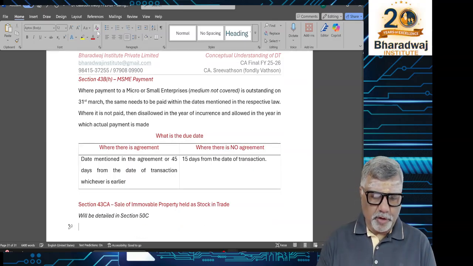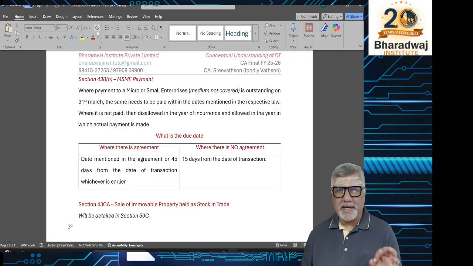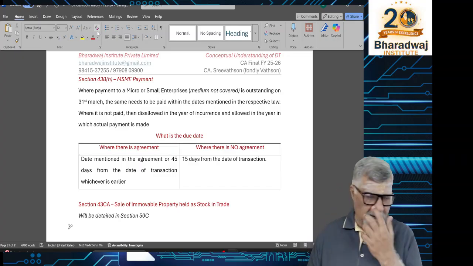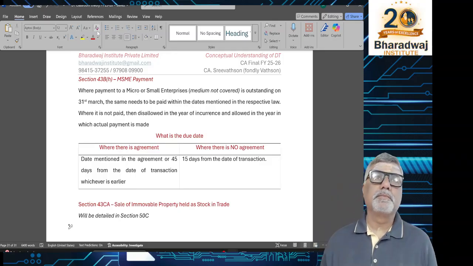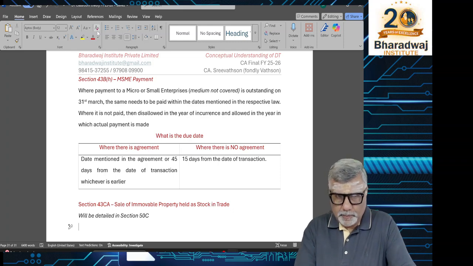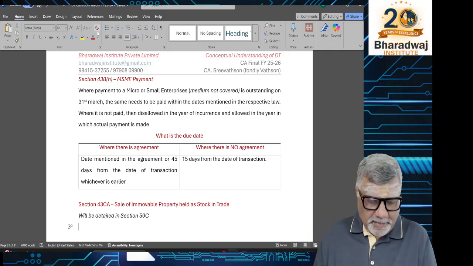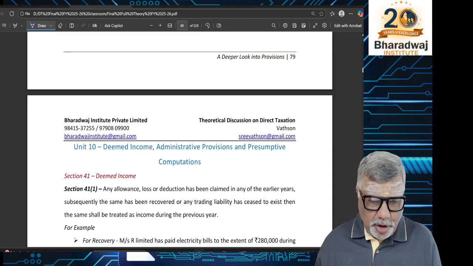I will do it along with 50C. There, sale of immovable property held as capital asset. Here, sale of immovable property held as stock in trade. Same provision I'll deal with there. Okay. Then there are some construction contracts and the interest on NPA. Okay.